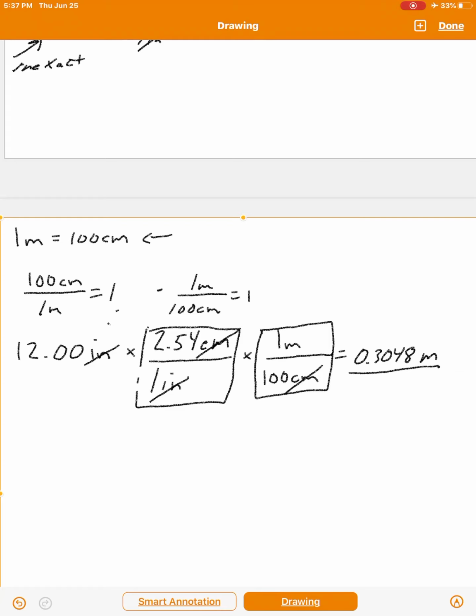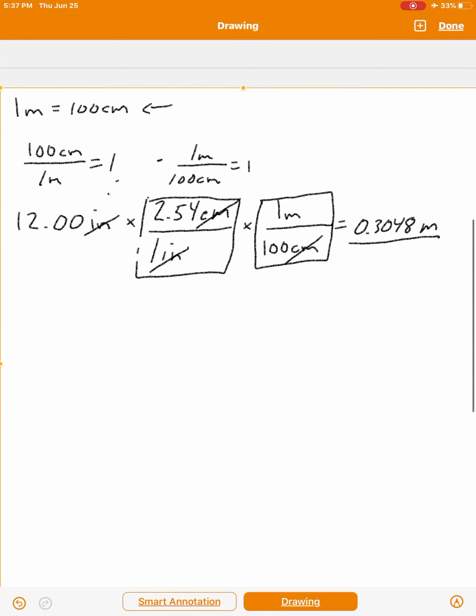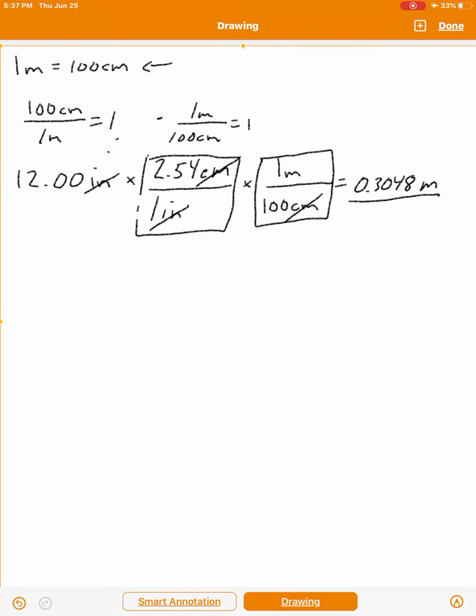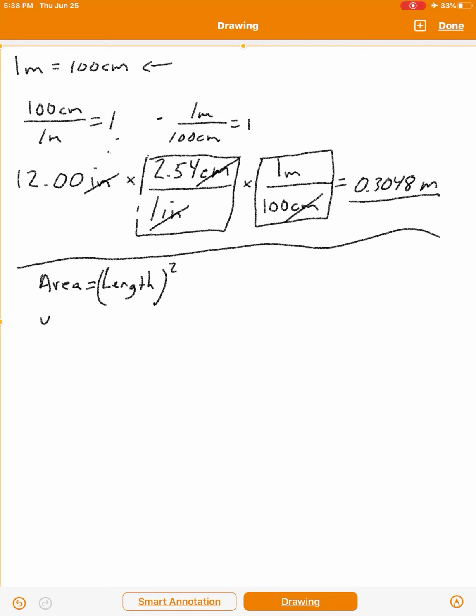Okay? Now sometimes, some of these can be a little bit tricky. So for example, if we're dealing with areas or volumes, area is generally length squared, and volume is length cubed. At least they're proportional to them, right?